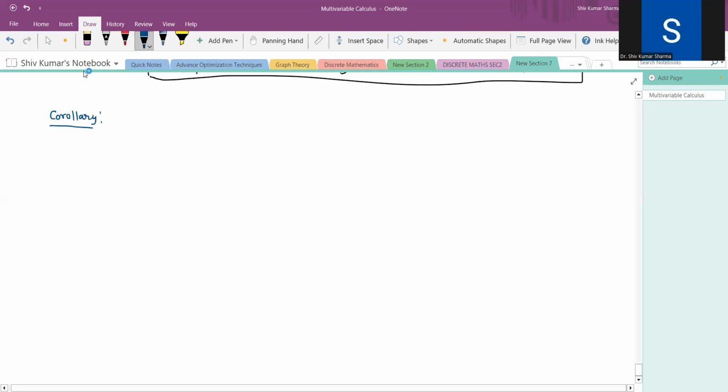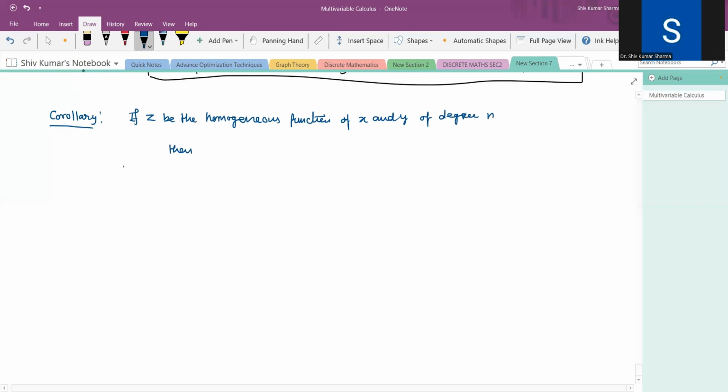of homogeneous function. So we have, if z be the homogeneous function of x and y of degree n, then we have a first corollary.